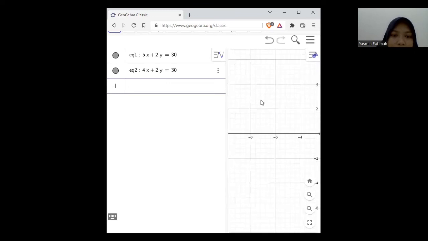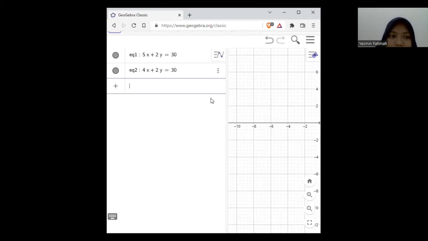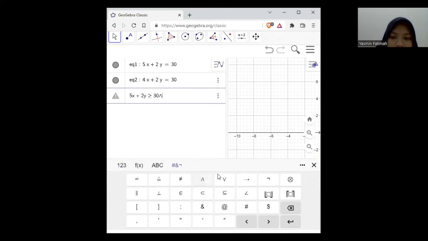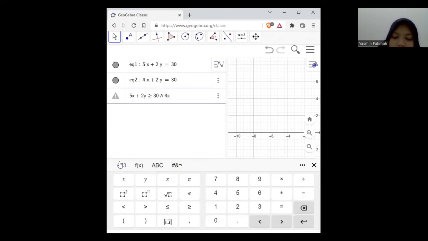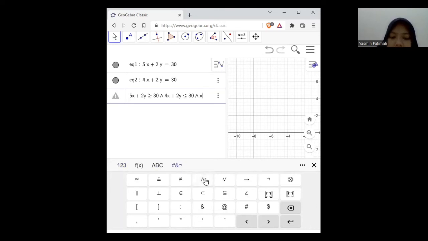And then to determine the feasible area, we input the inequality. So we have the intersection of the inequalities. The first inequality is 5x plus 2y greater than or equal to 30, intersect with 4x plus 2y less than or equal to 30, intersect with x greater than or equal to 0 and intersect with y greater than or equal to 0.